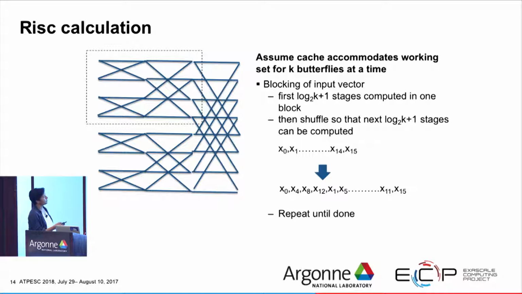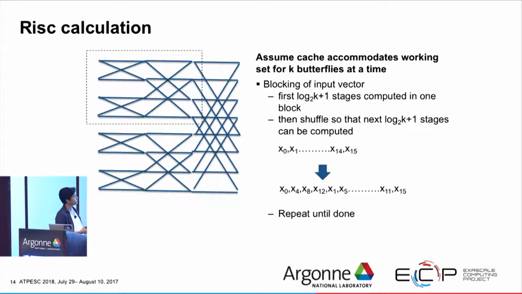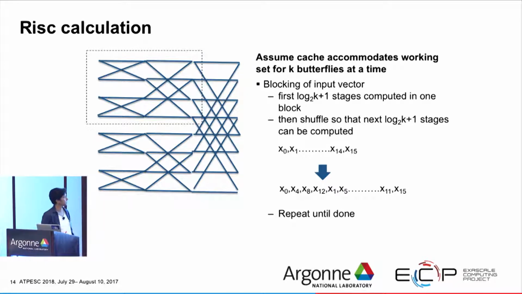So there's a blocking of the input vector where the first log2(k)+1 stages are computed in one block, so that when you start to work on it, all of these stages will be completed before the data is thrown out, and then a shuffle happens so that the next log2(k)+1 stages can be computed, and this is repeated until done.